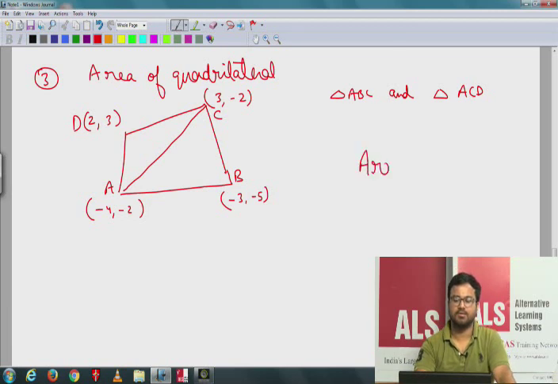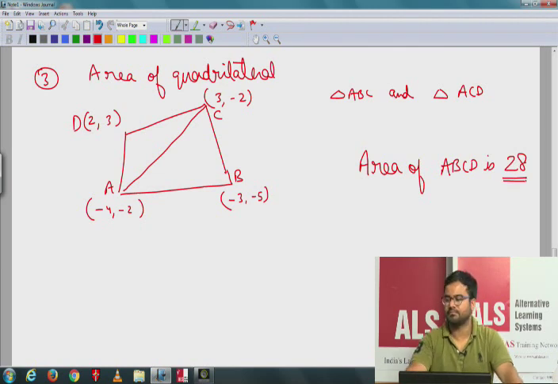The final area should be 28. That's right, CC4.